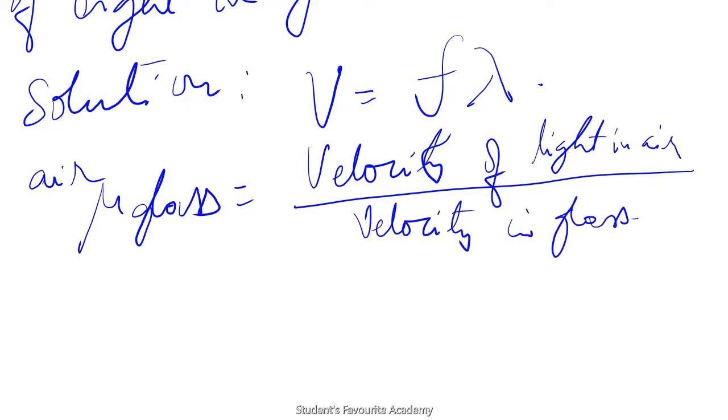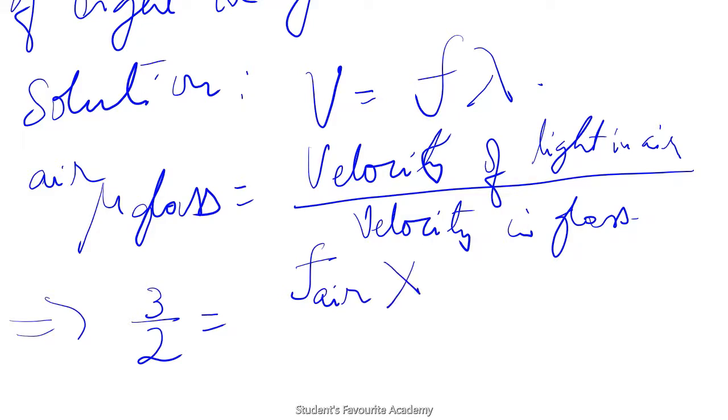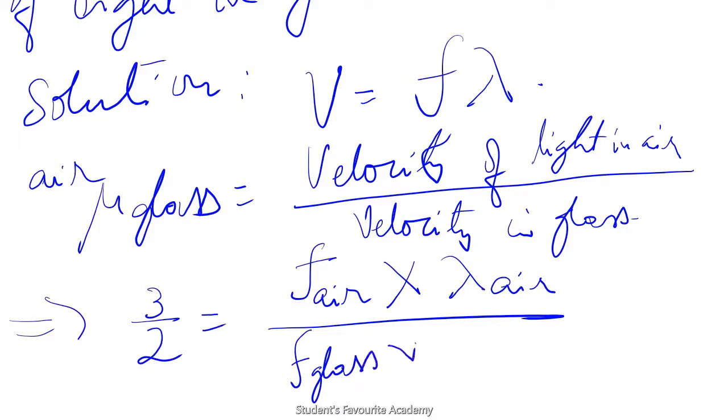So this is given as 3 upon 2. This is frequency in air into wavelength of light in air upon frequency in glass into wavelength in glass.